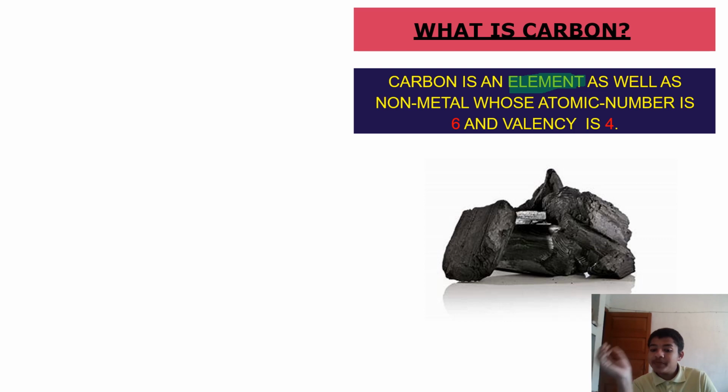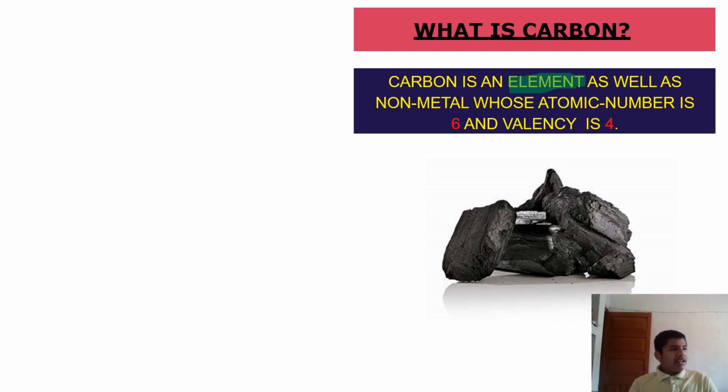Can you say that carbon is also made up of only one type of atom? Because carbon is an element, therefore carbon is also made up of only one type of atom. Clear? So now is it clear that carbon is an element?